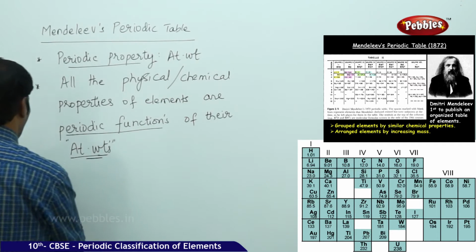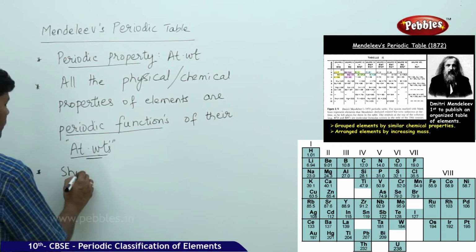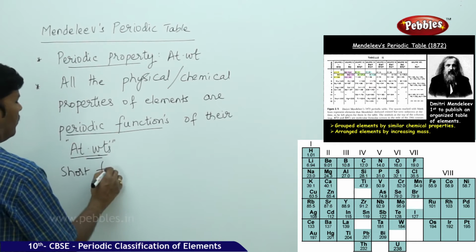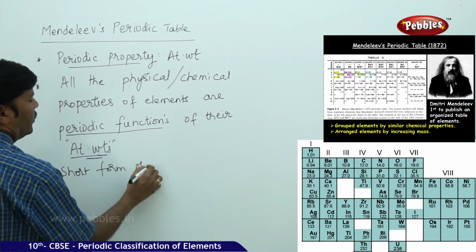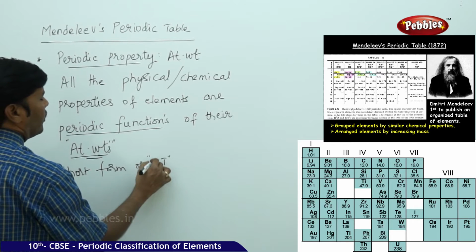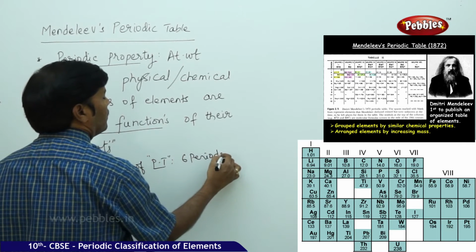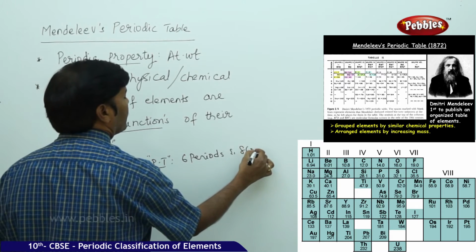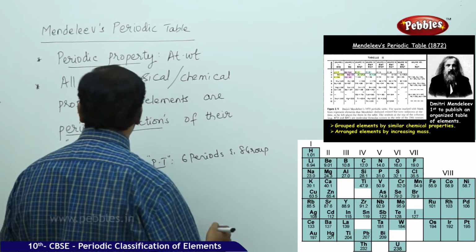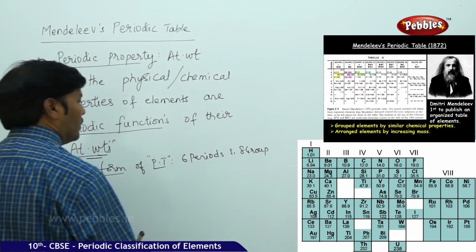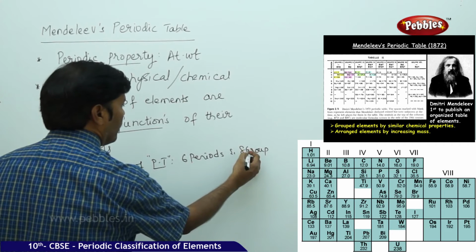In fact, if you go for Mendeleev, the short form of periodic table, PT stands for periodic table. It contains 6 periods and 8 groups. In fact, this is the short form of periodic table.